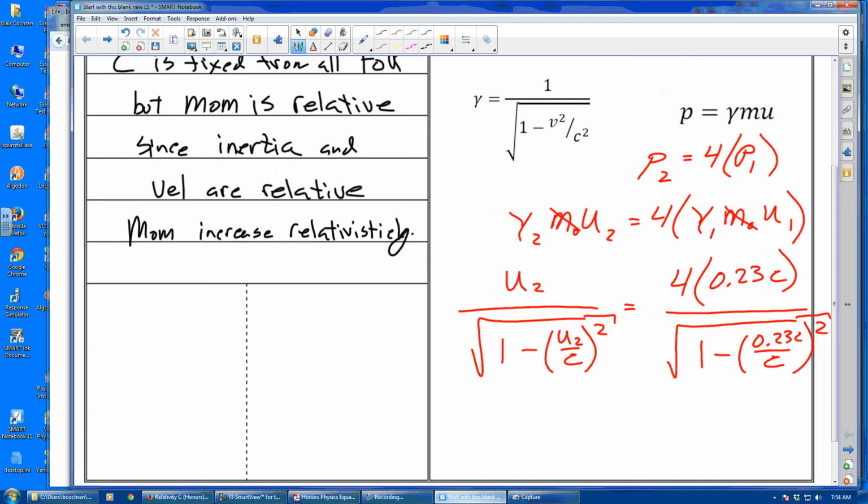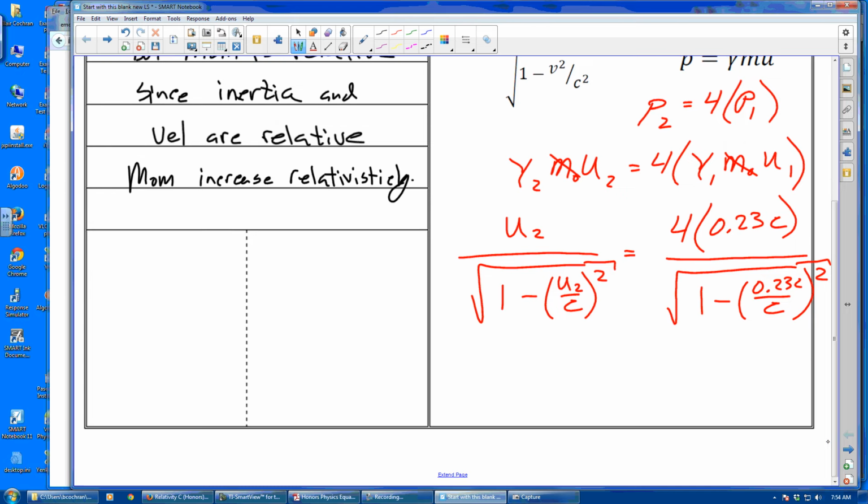Again, I would rather solve for U2 over C than just for U2.